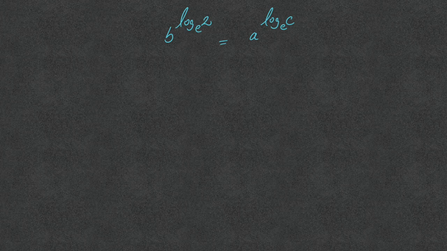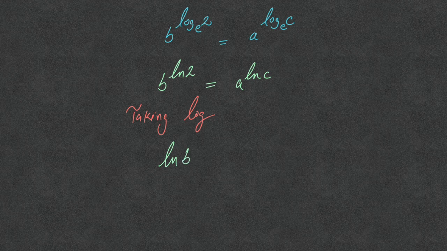And the other equation that was given to us is b to the power log 2 is equal to a to the power log of c. Taking log on both sides, log of b to the power log 2 equals log of a to the power log of c.